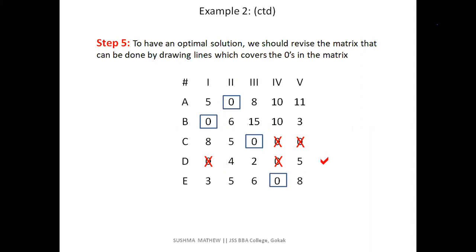I am asking a question. In the row where we have tick marked, are there any zeros? We have zeros. Cross mark hidkondana zero, no. Zeros ide. 0, 4, 2, 0, 5.